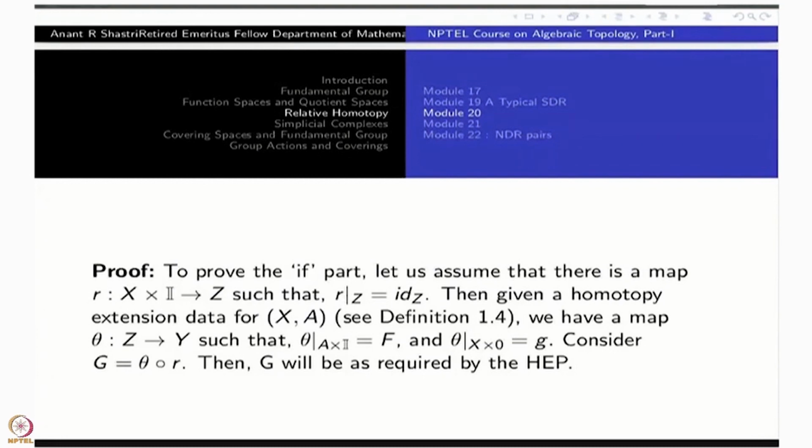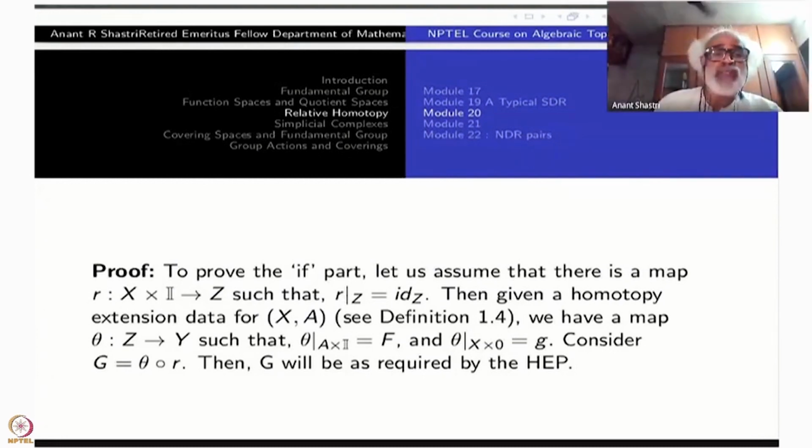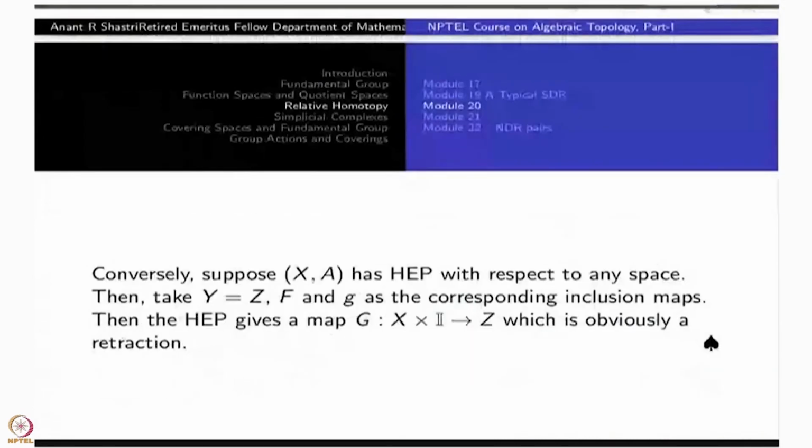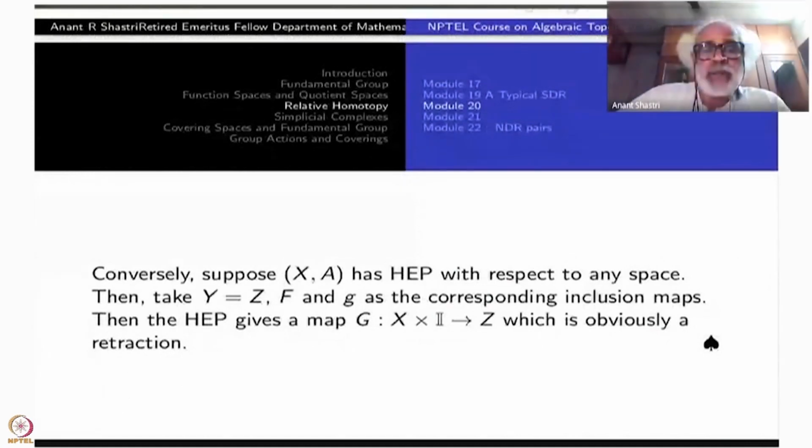All right. Now, this retraction we want to construct if the inclusion map is a cofibration, that is the converse. Suppose (X, A) has the homotopy extension property with respect to every space Y. In this case, now I take Y to be Z itself. Okay, and F and G are the corresponding inclusion maps.